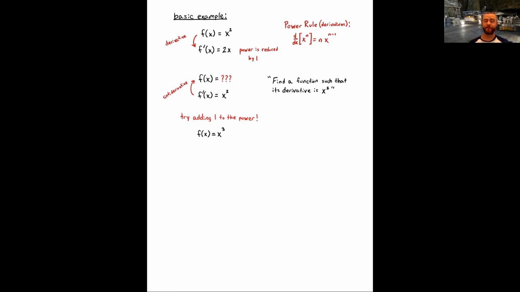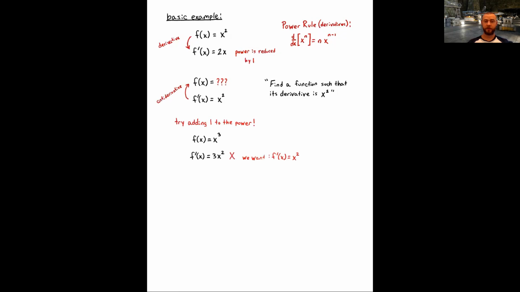If you differentiate x cubed, you get 3x squared. What we want is a function whose derivative is just x squared. So this function is not correct. X cubed differentiates to 3x squared. We want a function that differentiates to x squared. So x cubed here is not the correct antiderivative. Well, how do we get rid of that factor of 3 in that derivative statement?